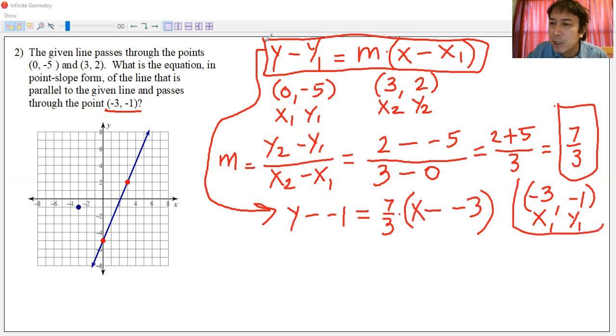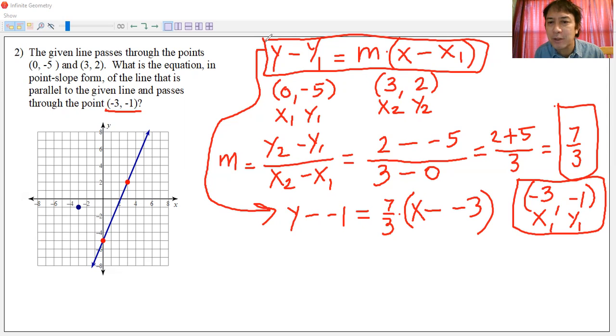Remember, we're using this point. Now, the x1, y1 a while ago was just temporary, just for us to compute for the slope. So we use again the label x1, y1 for the given point where we are going to pass the parallel line.